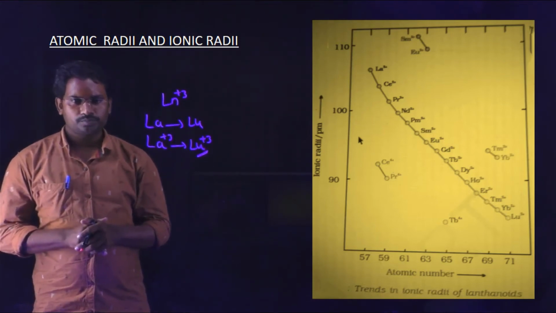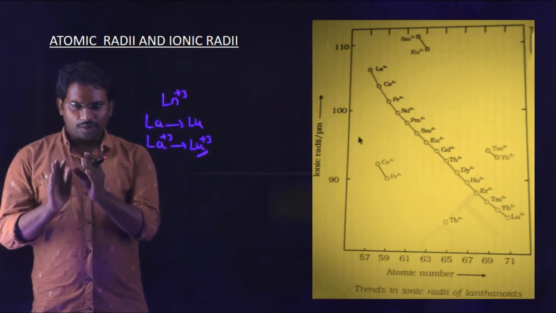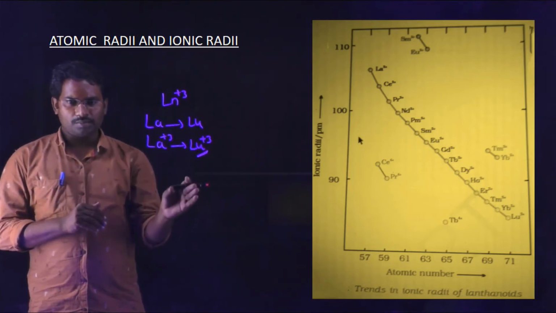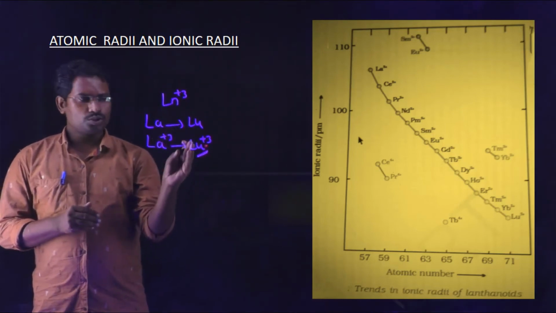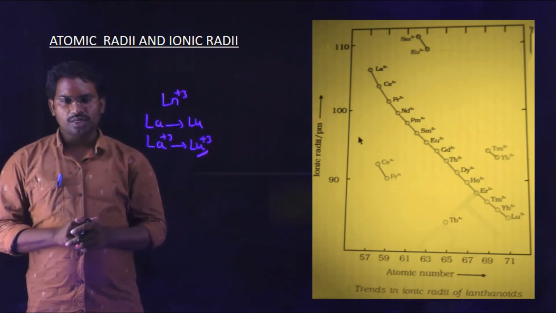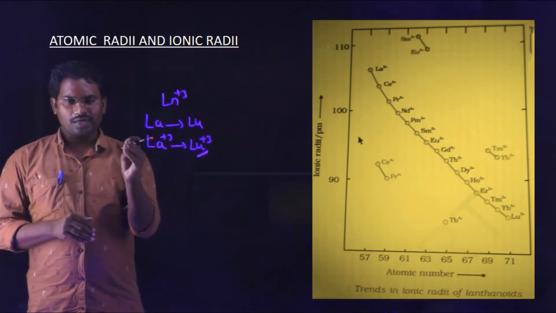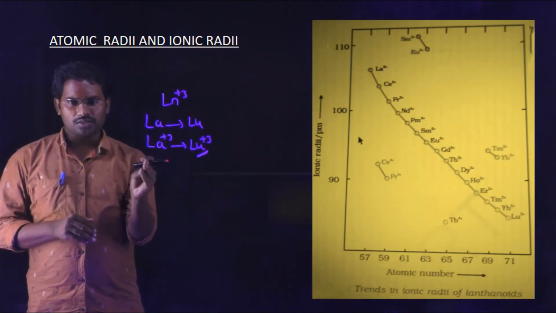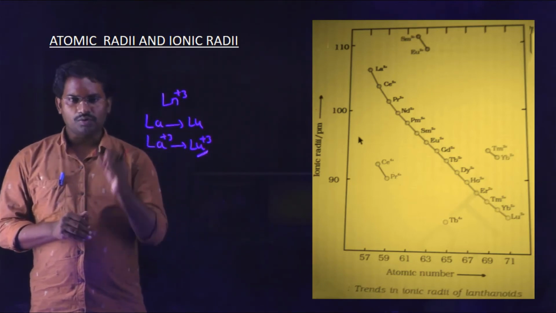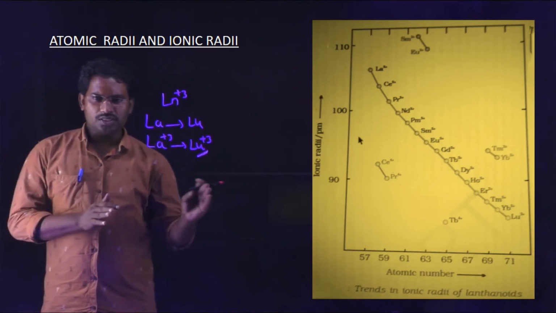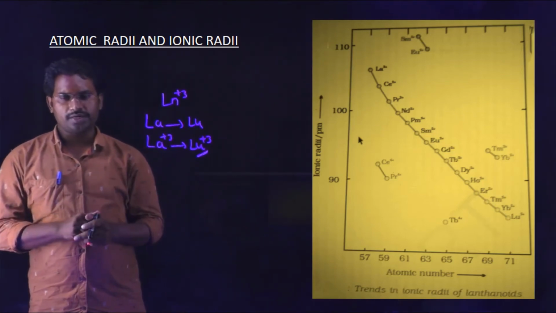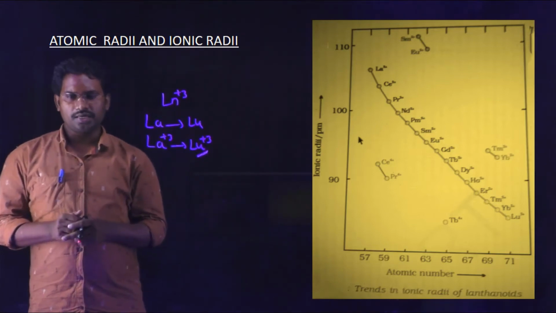When we go through the lanthanoid series from lanthanum to lutetium, as the atomic number increases, the lanthanoid elements possessing the +3 oxidation state have slowly decreasing atomic radii and ionic radii. The decrease is a very small difference, not a large one. Our point is that when the atomic number increases from lanthanum to lutetium in the +3 oxidation state, why do their atomic radii and ionic radii decrease?